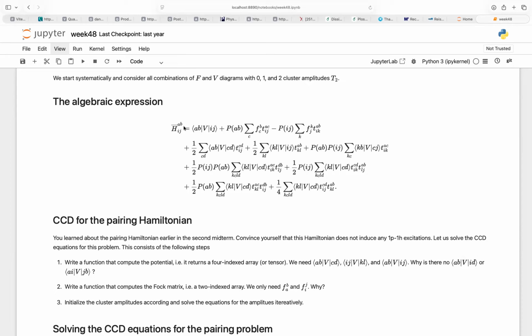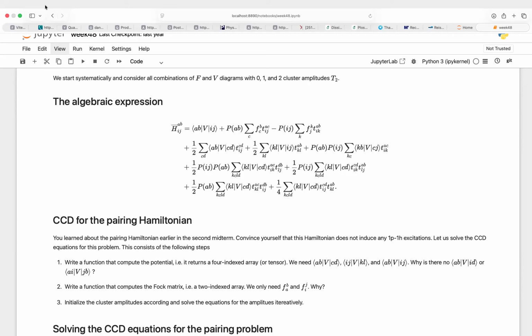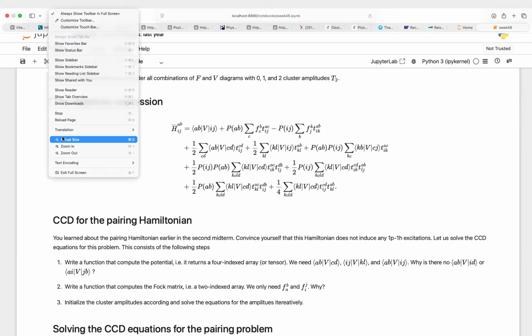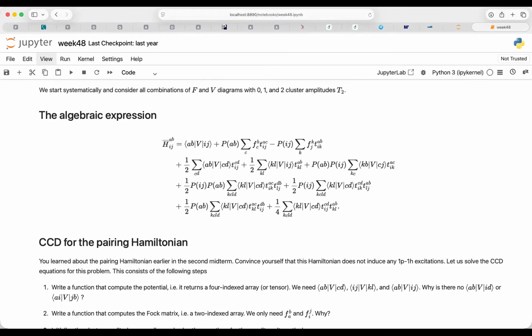So let me show you how you can do this. Let's go back to the whiteboard just for a moment, and we will come back to this when we look at the equations for singles and doubles. So let's go back to the whiteboard and look at a specific example here.